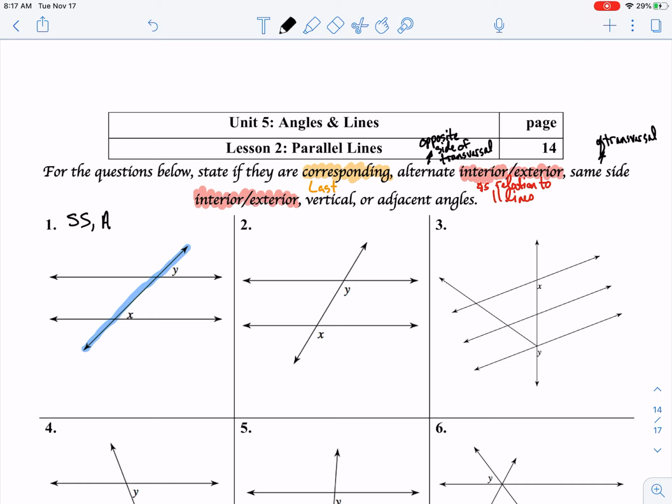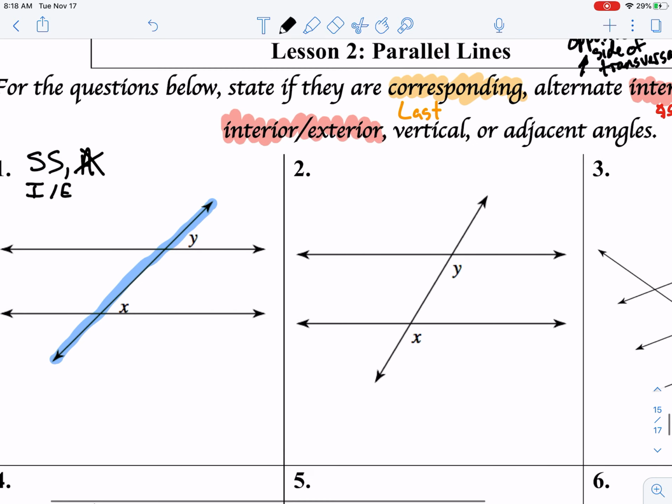So X and Y are on the same side, both on the right-hand side of this line. So I know they're not alternate. And then interior or exterior. If the angles are interior, they're both inside, okay?